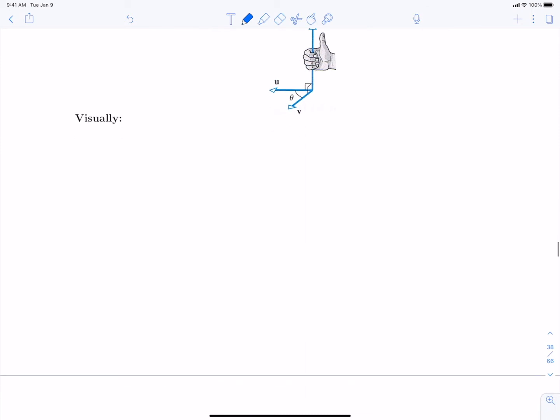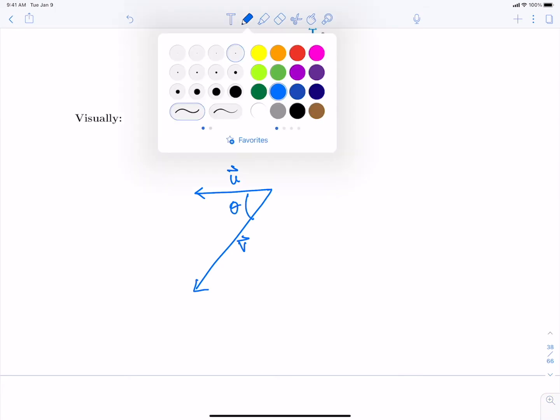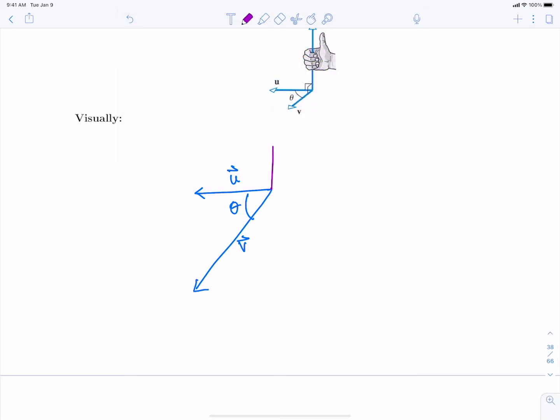So if I have u here and v, and I have my angle theta, then u cross v, and this is just my interpretation of it, would go in one direction, and then v cross u would go in another direction from it.